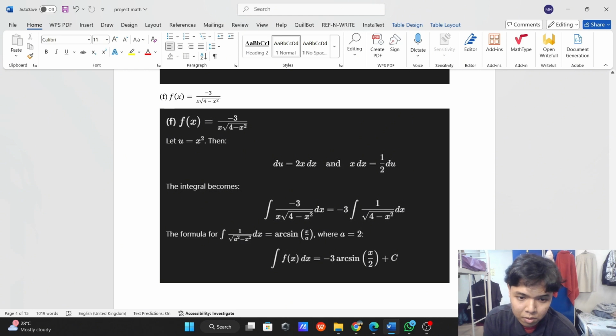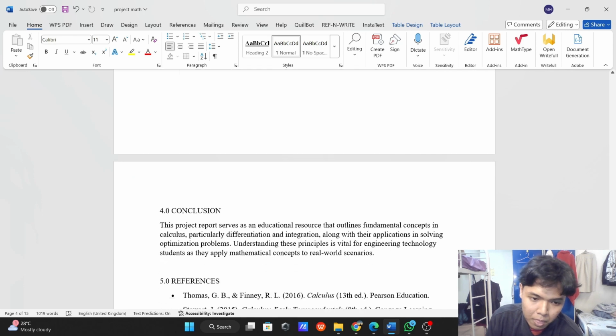The formula for the integral of 1 over root of a squared minus x squared dx is equivalent to arcsin x over a, where in our integral a is equal to 2. So the final answer for the integral of f(x) dx will become negative 3 arcsin x over 2 plus c.